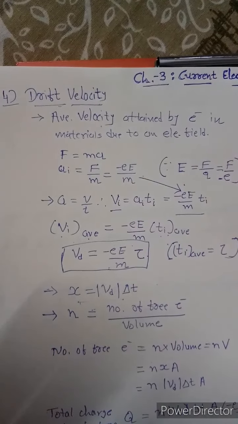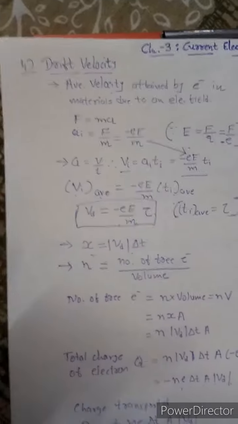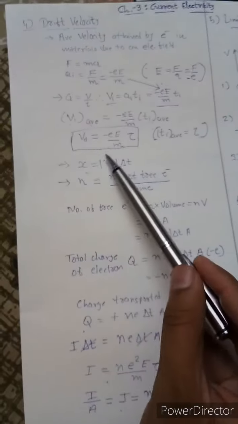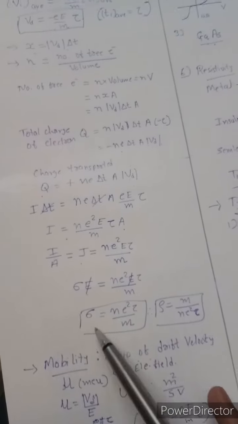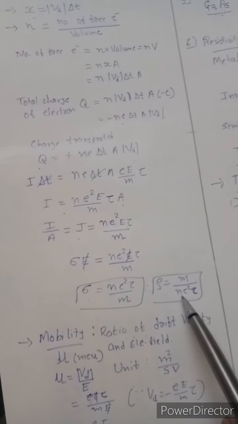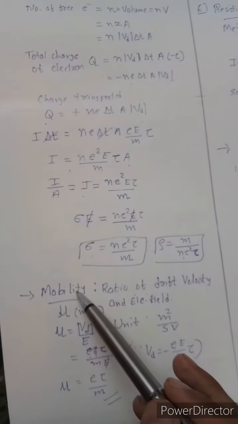Till now in this video we have learned about drift velocity and its formula. By using drift velocity we can derive conductivity sigma and resistivity rho, with the formula n e square tau upon m. Another value we can derive is mobility, which is mu equals e tau upon m.